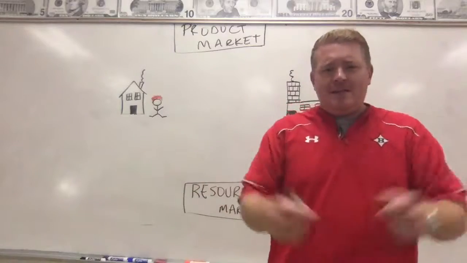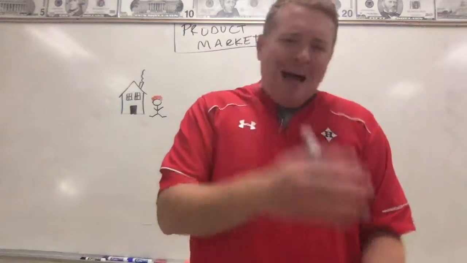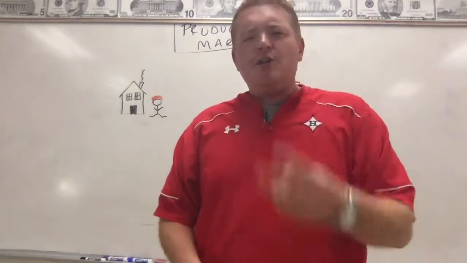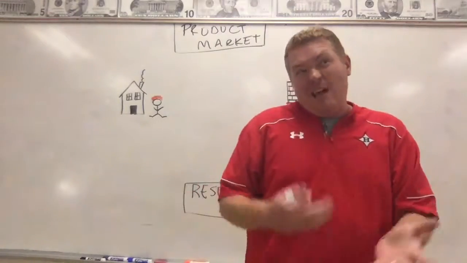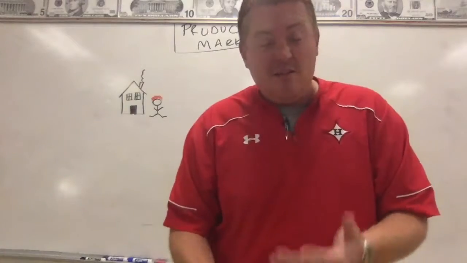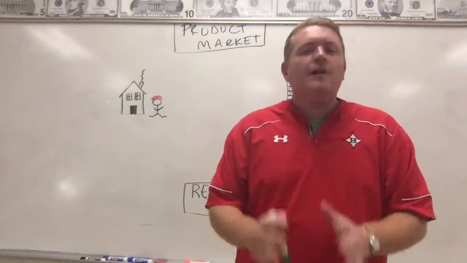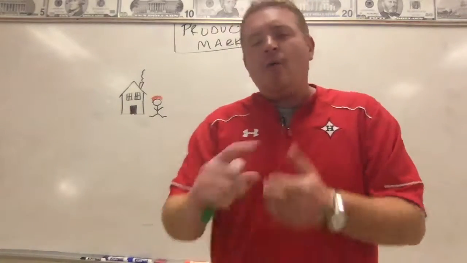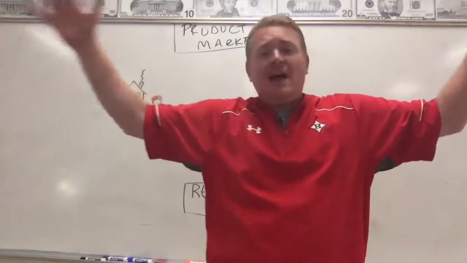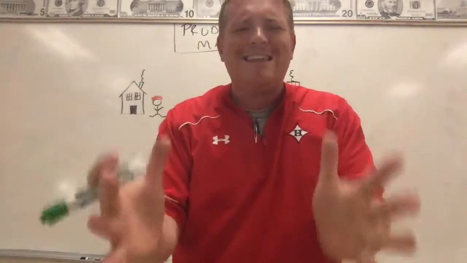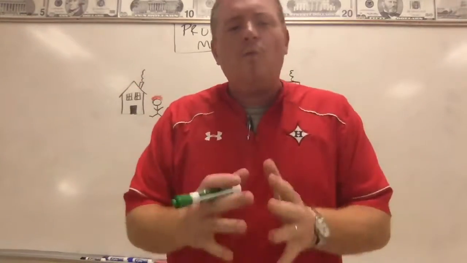Now, all of these things interact. The interdependency, as the standard mentions, between households and businesses occurs in two different types of markets. These markets may sound a little complicated, but they really aren't. Trust me. Let me refresh your memory. The market is that thing that exists that we can't really see, touch, or smell, but it's there, and markets exist so that we can get what we want.